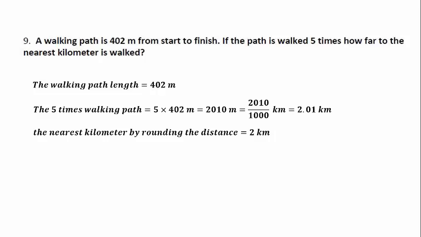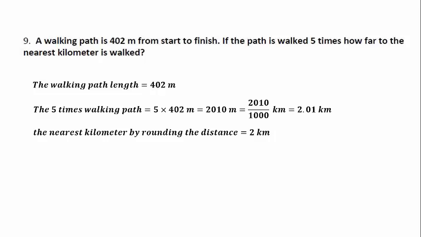It will be equal to 2010 meters. But I want it in kilometers. So 2010 divided by 1000. Why? Because 1 kilometer equals 1000 meters. So if I want to convert from meters to kilometers, I will divide by 1000. So it will be equal to 2.01 kilometers.